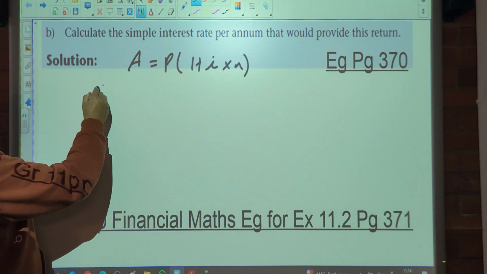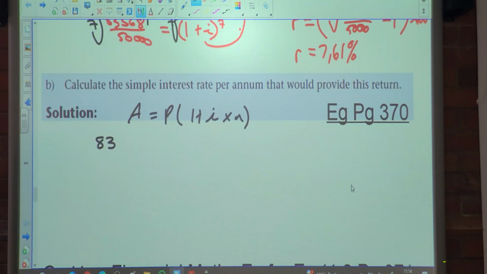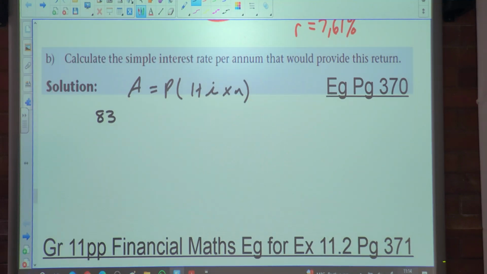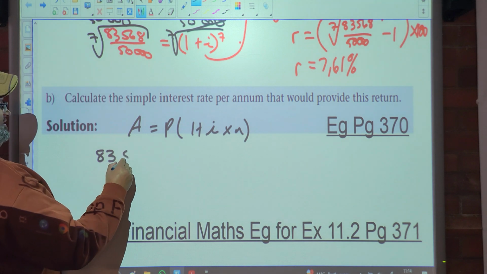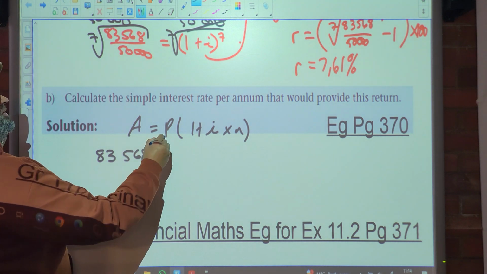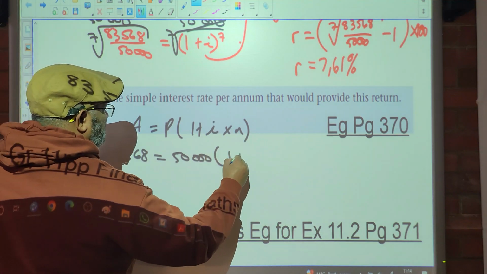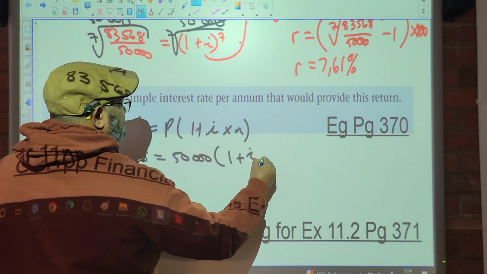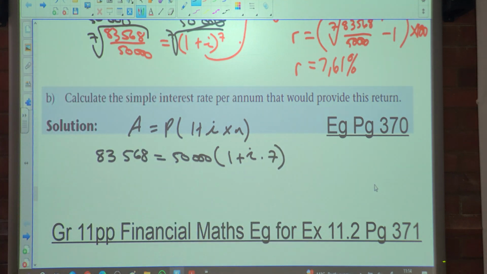It was 83,000 something. 83,568 rand equals P, 50,000 rand, into 1 plus I, which is what you're calculating, times, how many is this? 7.